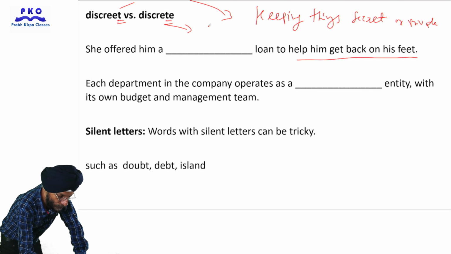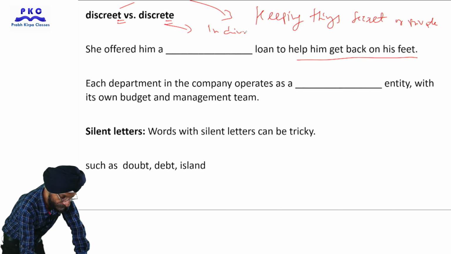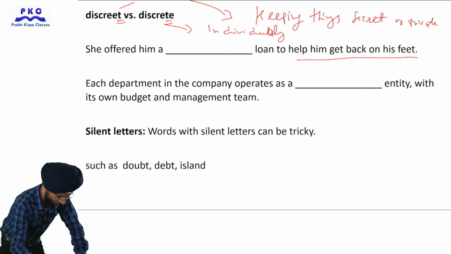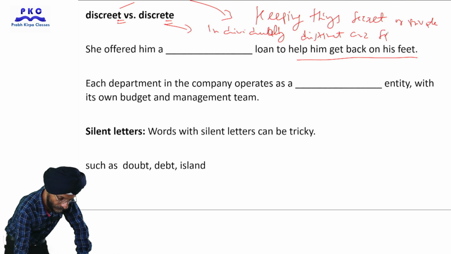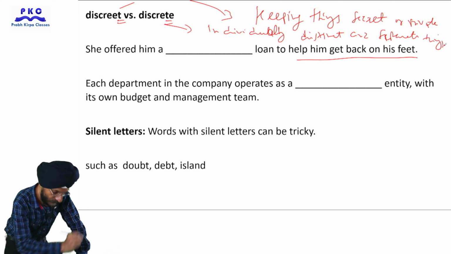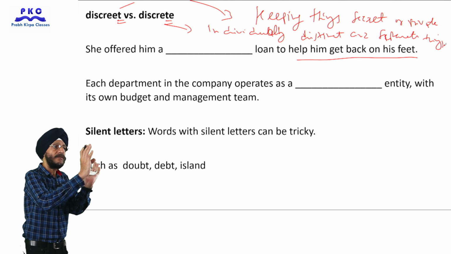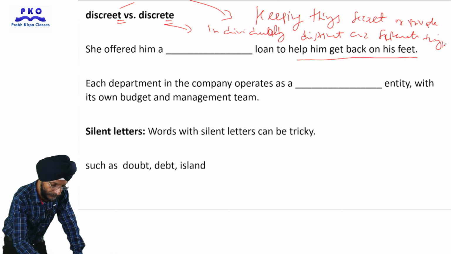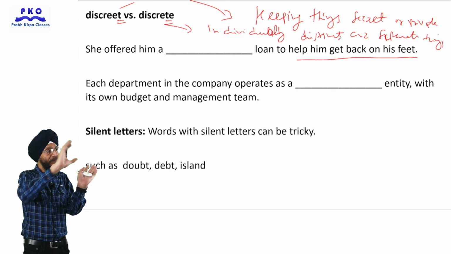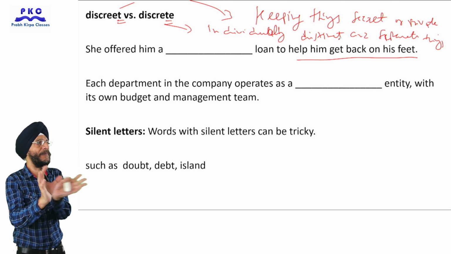It means individually distinct and separate things. One means keeping things private or secret, and the other, discrete, means individually different things or separate things.